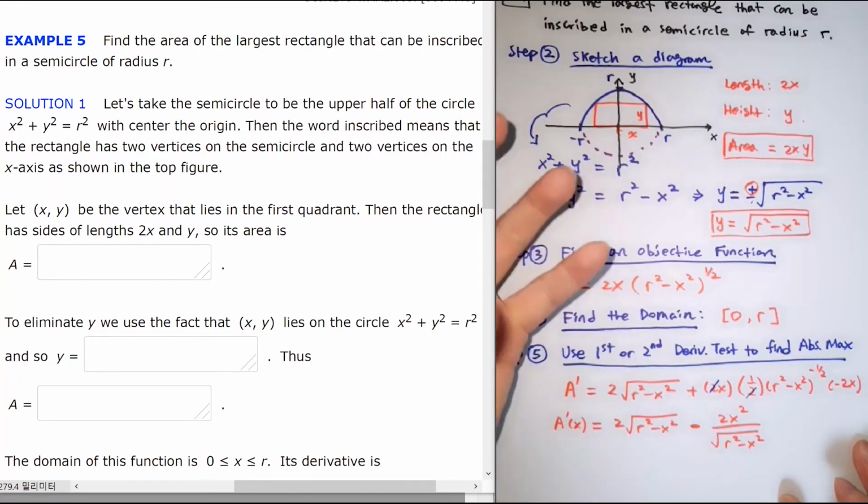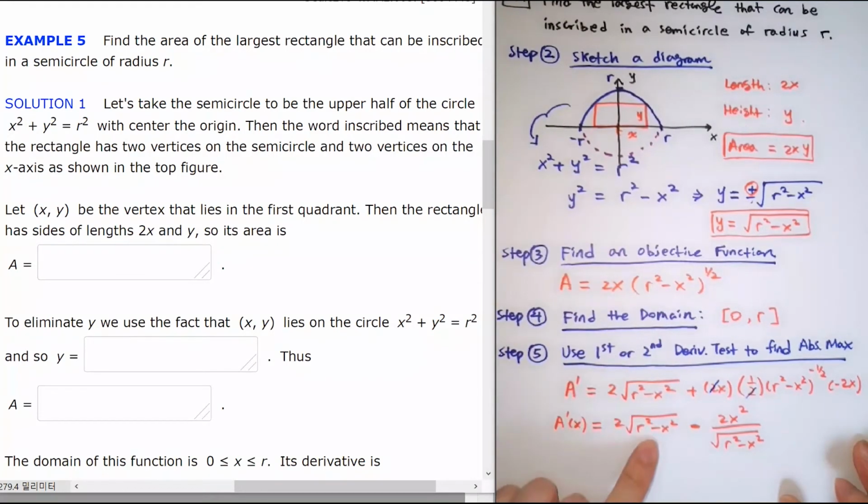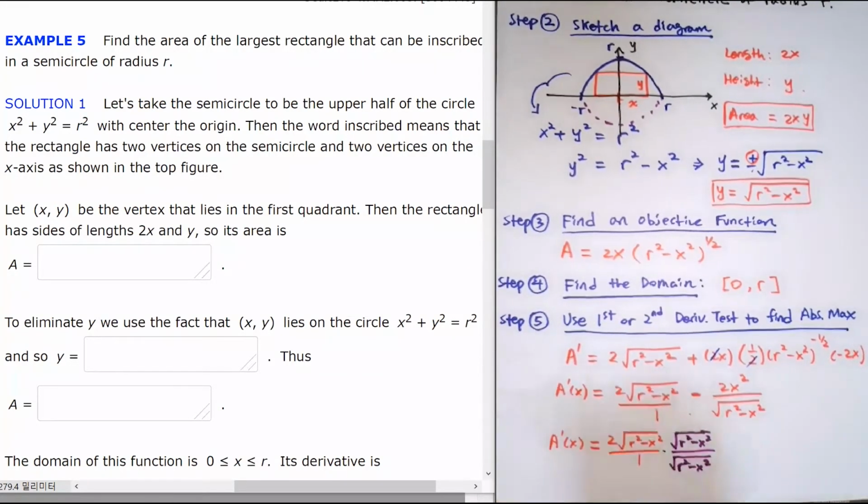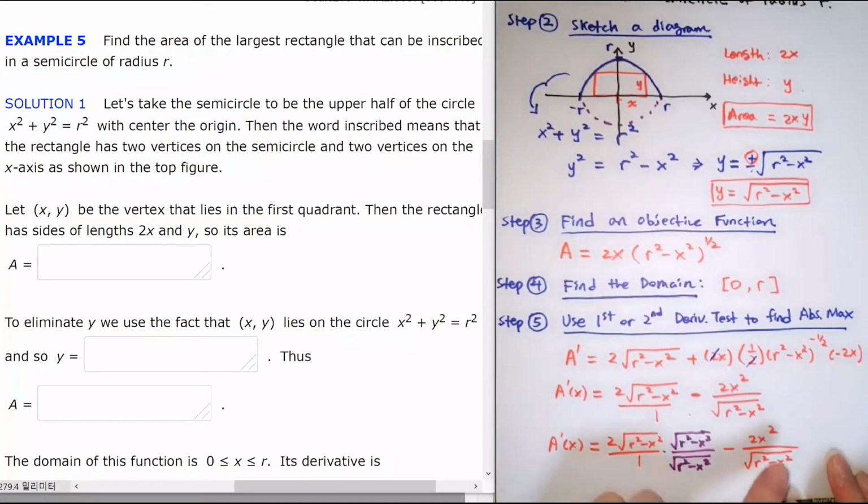Now, we need to simplify this a little bit by making the common denominator. Right now, there's a hidden 1 as a denominator, right everyone? So why don't you multiply top and bottom by this denominator, square root of r squared minus x squared, like this. Like this, everyone.